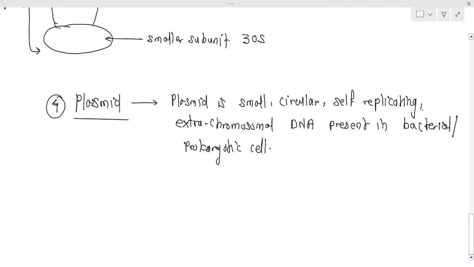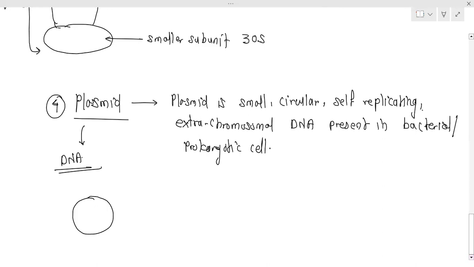We need to know the meaning of each and every word I wrote. First of all, from this definition, you need to understand plasmid is DNA. Then it is a small and circular DNA.